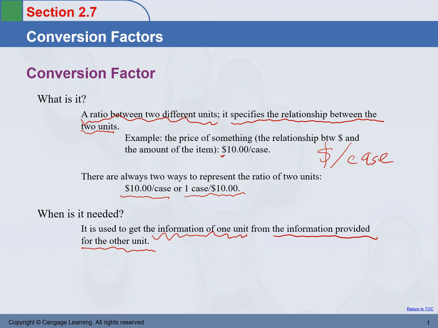The conversion factor will tell you the relationship between those 2 different units. For example, here, if they gave you the number of cases of something and they ask you the amount of dollar, you will need a conversion factor. Or they gave you the amount of dollar and want to ask you how many cases you can buy, you need this conversion factor.